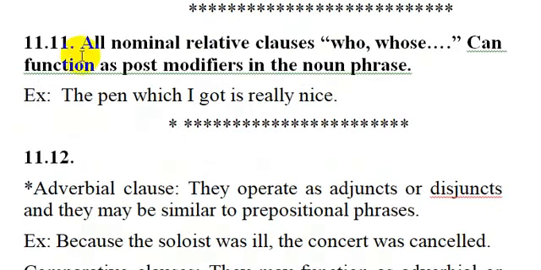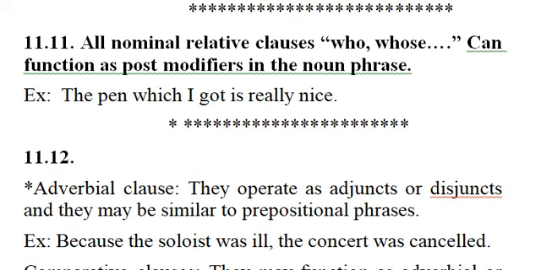This is important. All nominal relative clauses, starting with who, whose, can function as post modifiers. It is clear, I think, because we can say this is Ahmed, who is a new student. "Who is a new student" is a post modifier to "this is Ahmed."